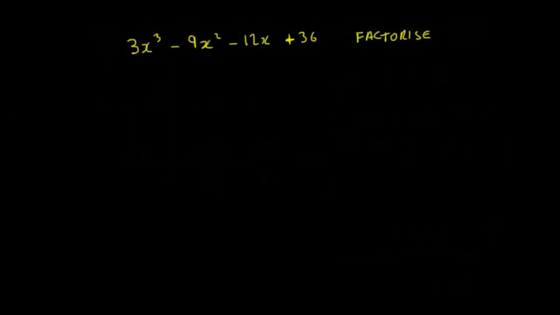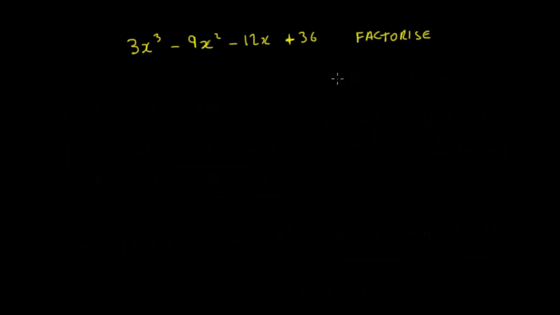So here's a more difficult one. We're asked to fully factorise this function here, 3x cubed minus 9x squared minus 12x plus 36. So we know that we're going to have to work with this term 36. So how do we get 36?